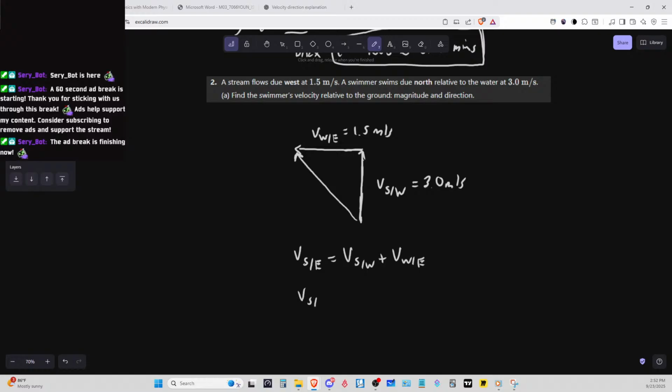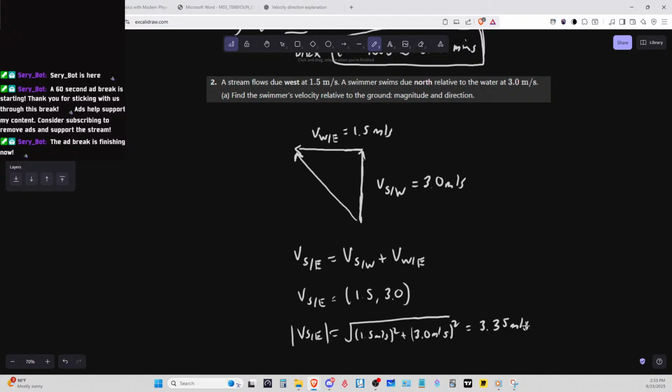And that together is the vector, technically it would be like that, and then the magnitude of that plus 3.35 meters per second.